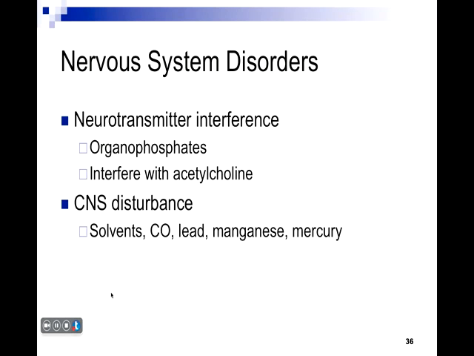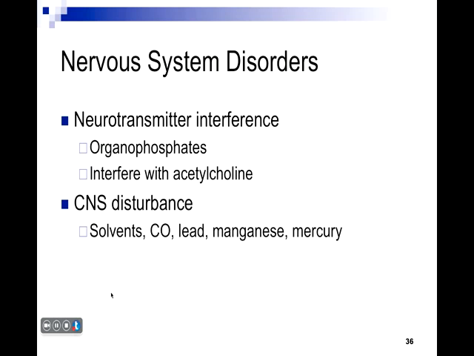VX, sarin, etc. are very potent organophosphates, much more potent than you use around the garden, but the mechanism is exactly the same. What they will do is interfere with the neurotransmitter acetylcholine, and they interfere with it in such a manner that the effects of acetylcholine are amplified. And so these effects, when amplified, can be very, very serious.